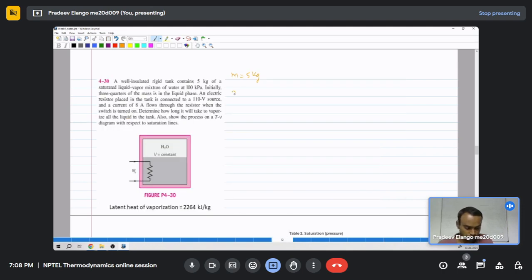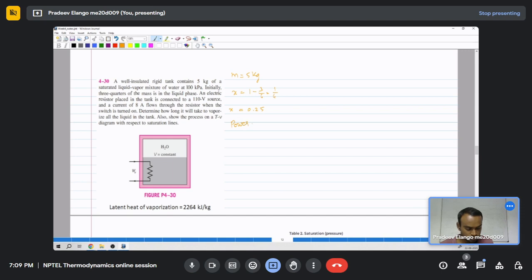So now we have an x of 1 minus 3 by 4, that is 1/4 of the total mass of the system is in vapor phase. Now power is given.